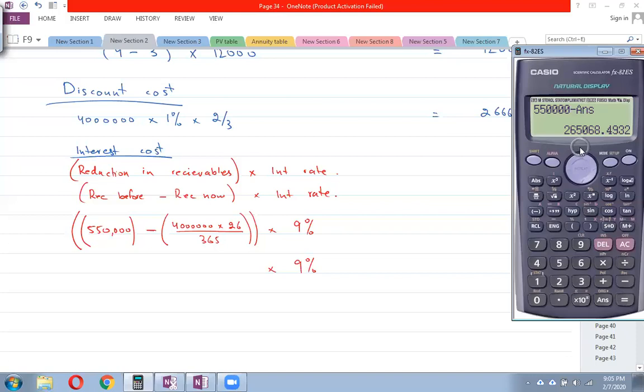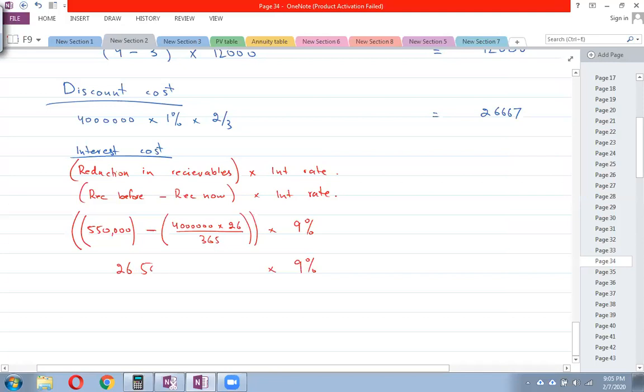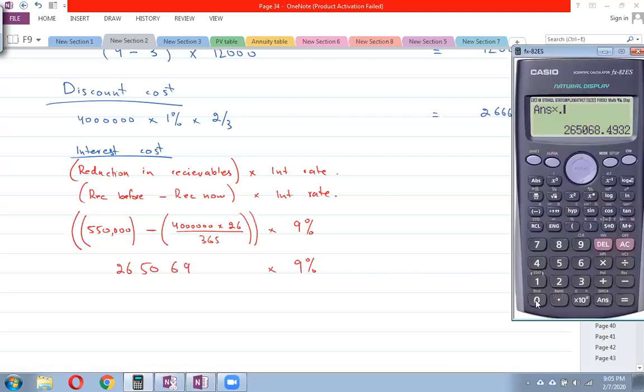So the interest cost will also be reduced by this much. So 265,069. 265,069 multiplied by 9% will be 23,856.